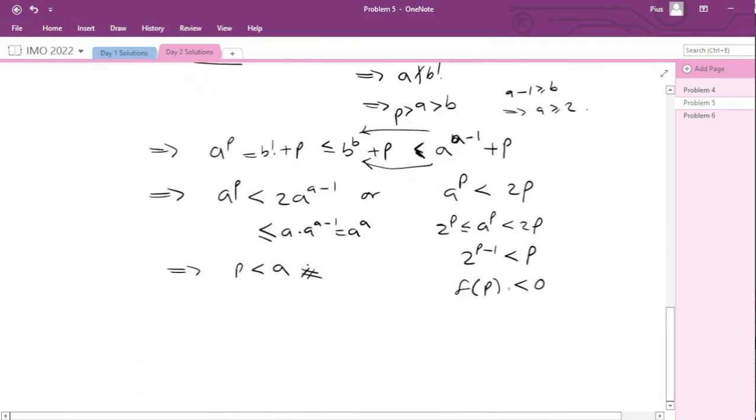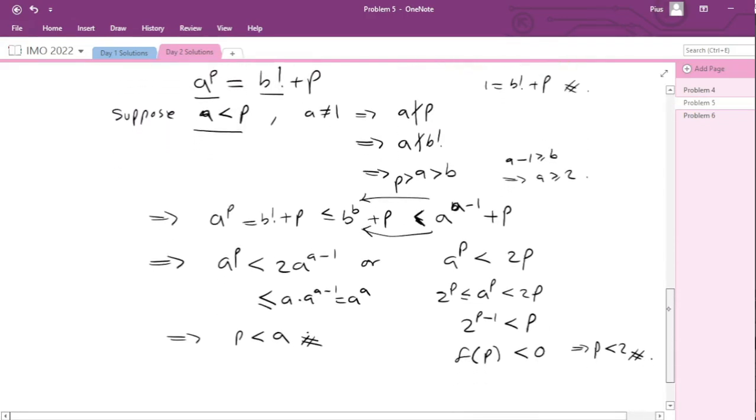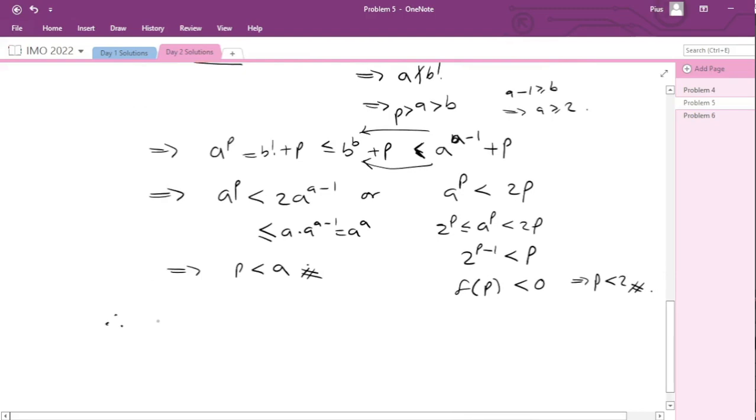Remember, this function was increasing and it's already 0 at 2, meaning that for it to be negative, it has to be less than 2. So this means that p has to be less than 2, and that's absurd. So either way, we just get a contradiction. So a cannot be less than p. So in conclusion, a has to be at least p.